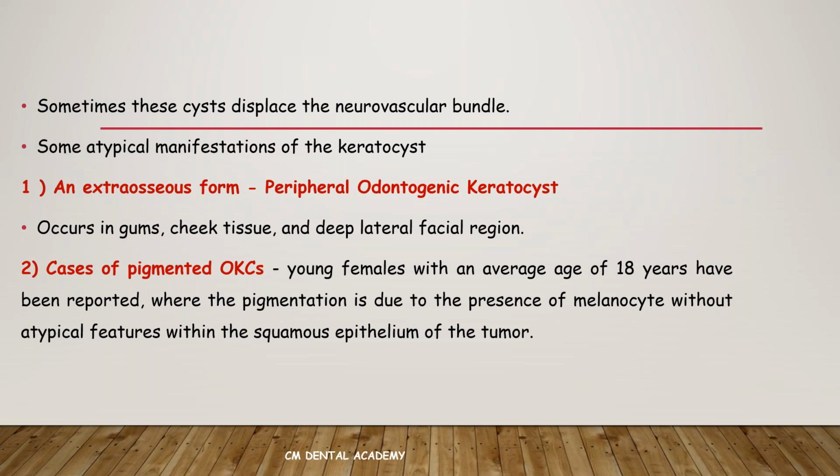So these are the two variants: an extra osseous form, called peripheral odontogenic keratocyst, and cases of the pigmented odontogenic keratocyst. These are very common questions asked during the viva. Other variants of odontogenic keratocyst, radiographic variants of odontogenic keratocyst, who coined the term odontogenic keratocyst, why it is reclassified as a cyst and not as a tumor.